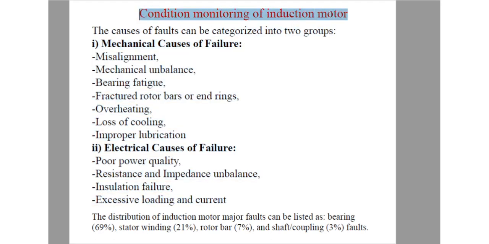We know that whenever we are interested in condition monitoring of an induction motor, we are interested in the causes of fault. You can easily understand that in rotating electrical equipment, there can be a fault in electrical components or in mechanical components.